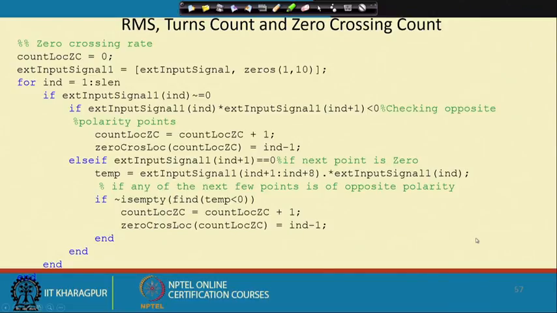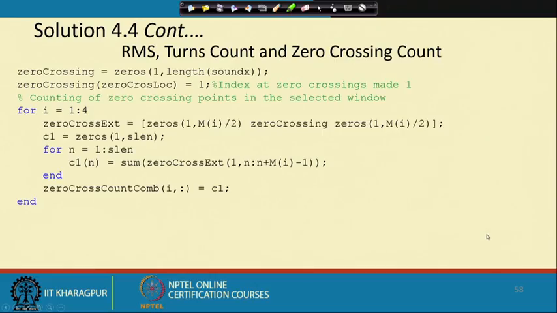That gives us the 0 crossing count, okay, or 0 crossing rate. So, that last part of it is to take that count, how many 0 crossings have happened.